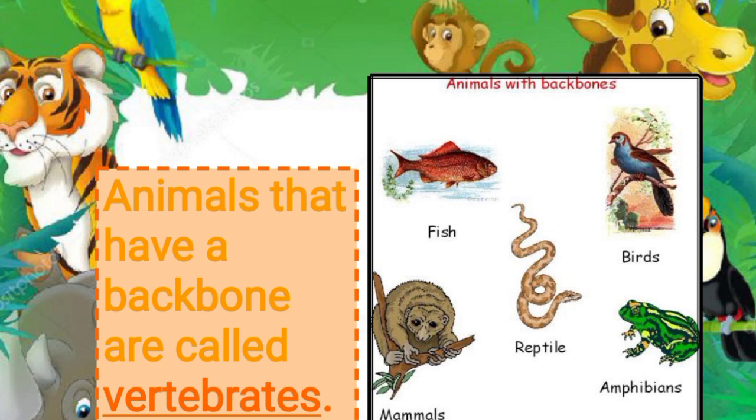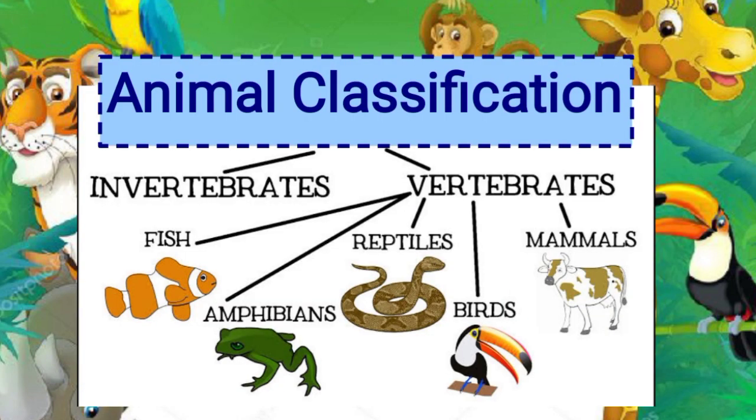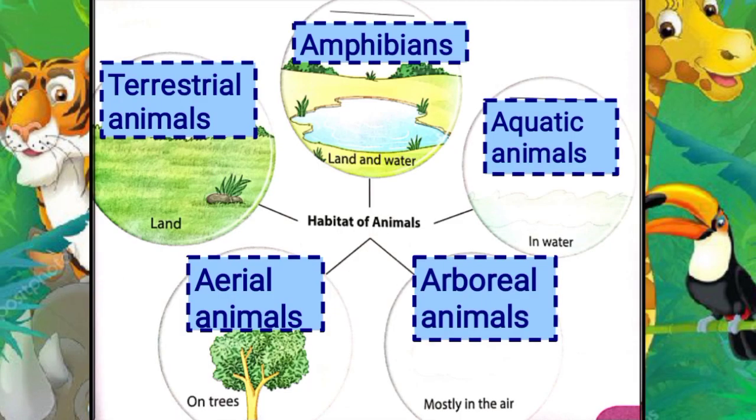They have bones inside the body which give them their shape and allow them to stand erect. Animals that have a backbone are called vertebrates, and they can be further divided into smaller groups: fish, amphibians, reptiles, birds, and mammals.